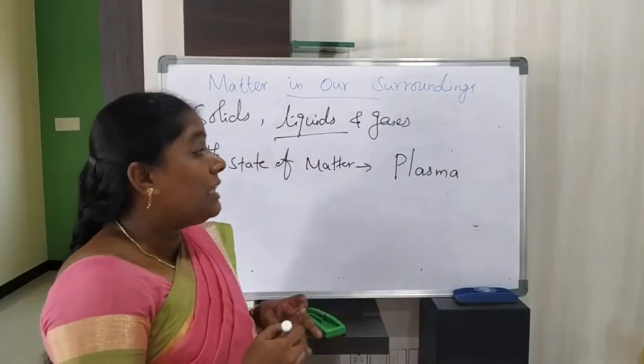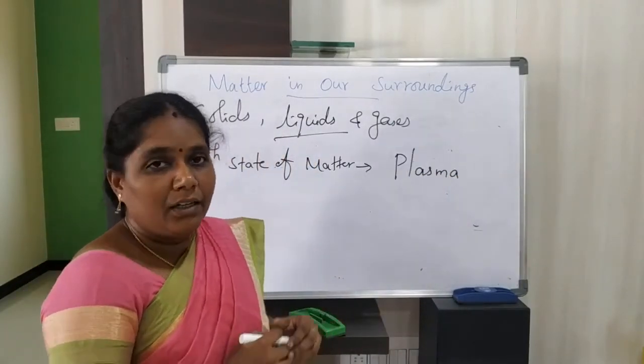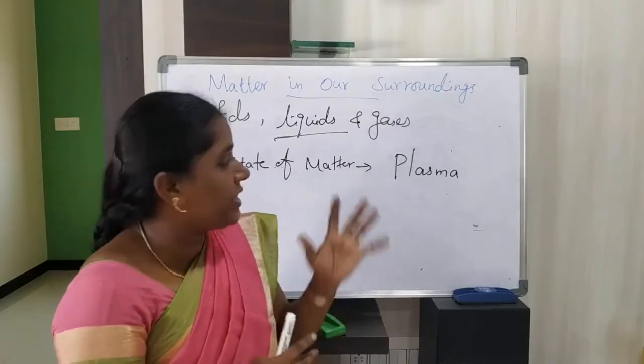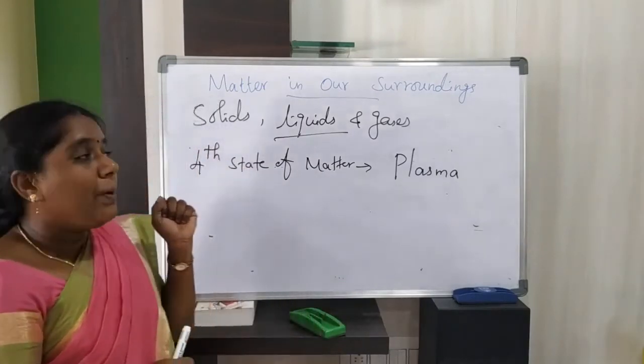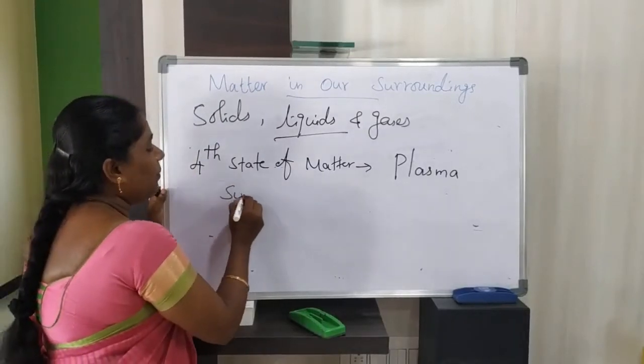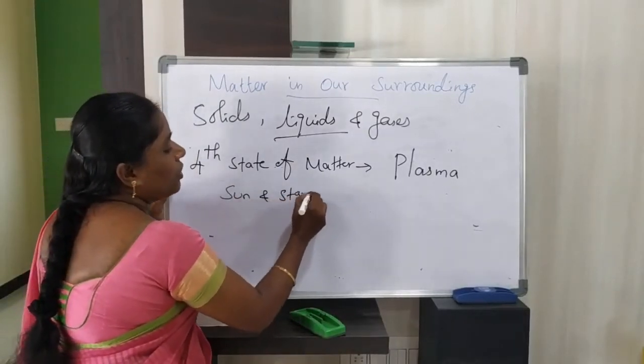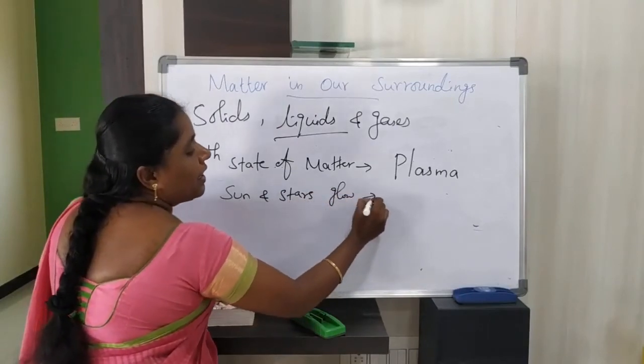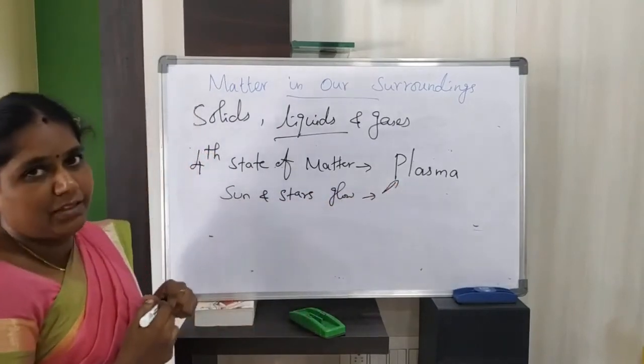This is the fourth state of matter. Mainly the sun and stars, generally the sun and stars glow because of the plasma present in them.